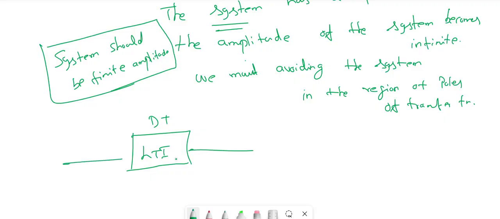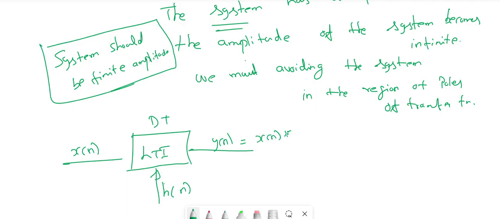The input is x(n), and this is the system function. Normally, by convolution you can define y(n) = x(n) * h(n), where h(n) is the system impulse response. You can determine the output for any input if you know the impulse response of the system.